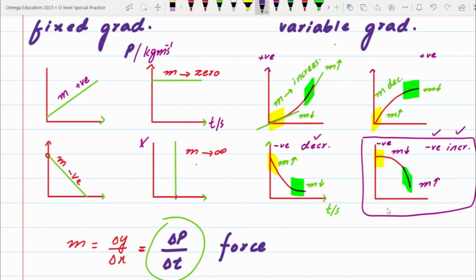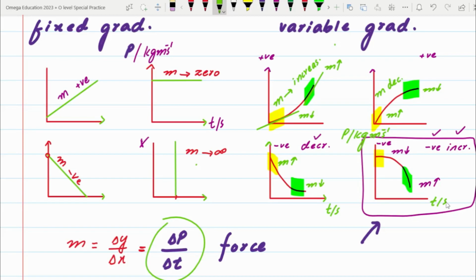For example, let me pick the last one once again. On the y-axis, I've represented the momentum with the unit of newton second or kg m s^-1. On the x-axis we have time. Then I ask you, give me the information about the force. You say, first of all, the force is going to be negative and the force is increasing.